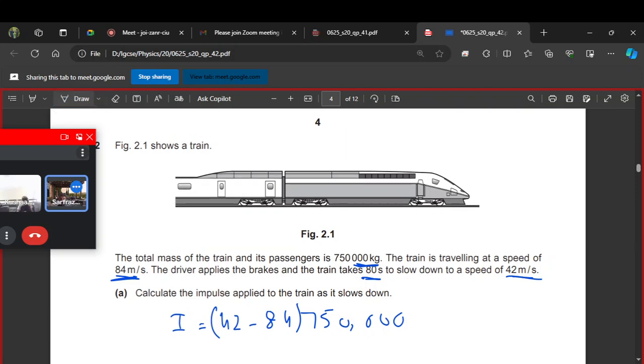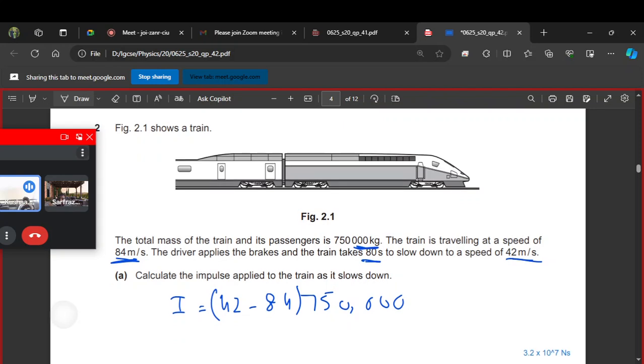Minus 42 times 750,000. So we just take the positive number, which will be 3.15 times 10 to the power 7. You can write it as 3.2 times 10 raised to the power 7. And what is the unit for impulse? It's newton seconds.